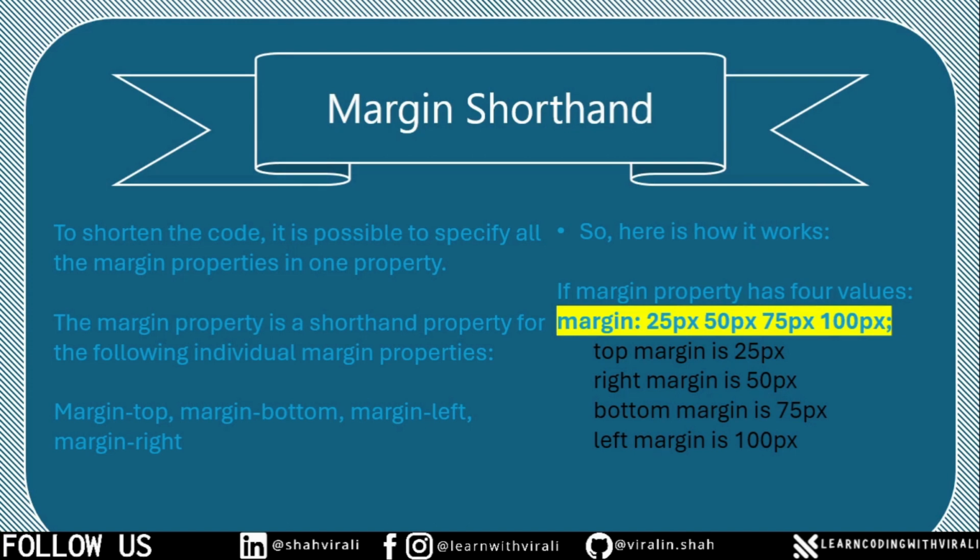So let us take an example of how to write this shorthand property with margins. As you can see, the highlighted value here specifies the keyword margin, giving 4 different values differentiated by a space. Starting with the top margin is 25 pixels, right margin is 50 pixels, bottom margin is 75 pixels, and the left margin is 100 pixels.